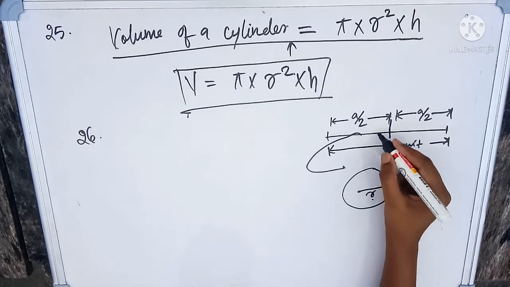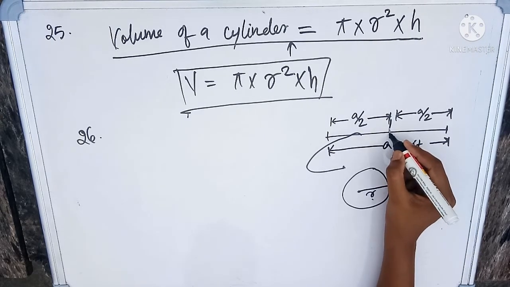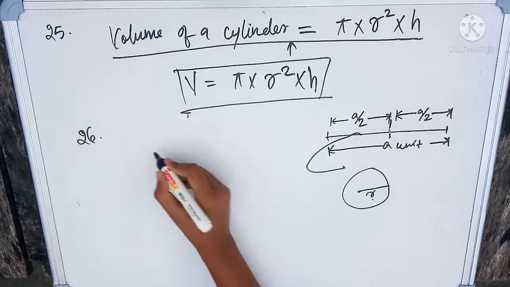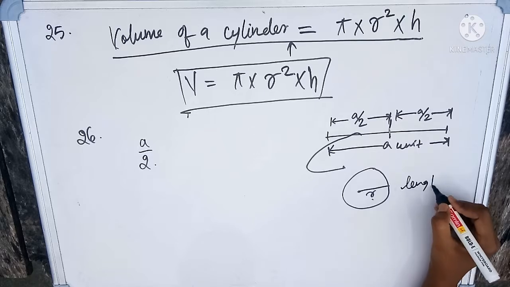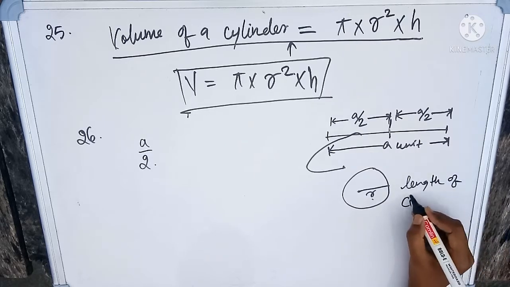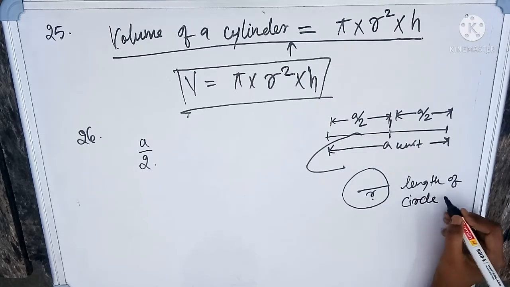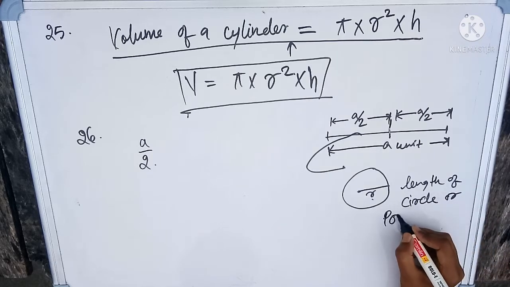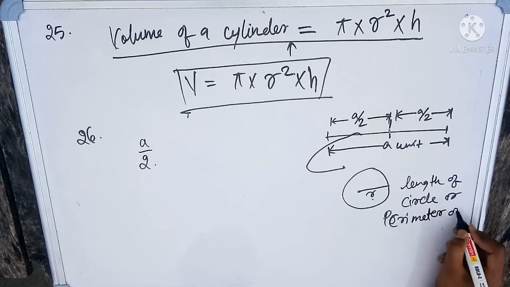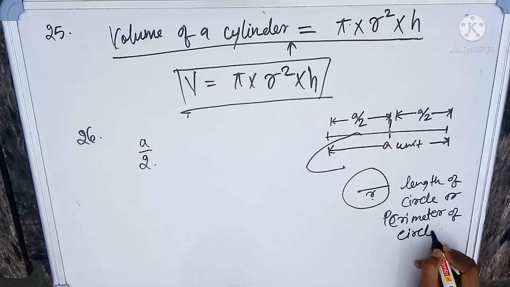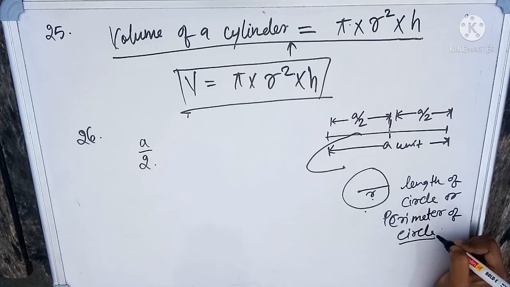Now you can see that the length of this half of the wire is A by 2 and the length of this circle, or you can say the perimeter of circle, because the length of any circle or the perimeter of the circle are same.